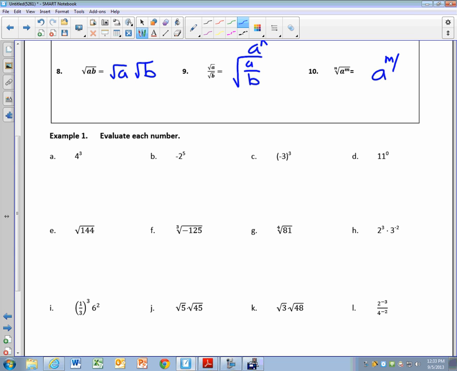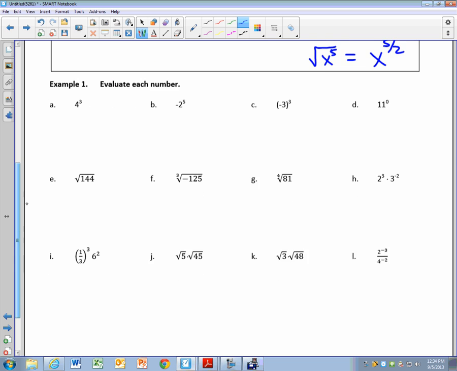It's the index that goes in the denominator. So for example, let's say you had the square root of x to the fifth. That's the same thing as x to the 5/2, because 2 is the index on the radical there. Remember that? Kind of comes back, right? That's why we review.